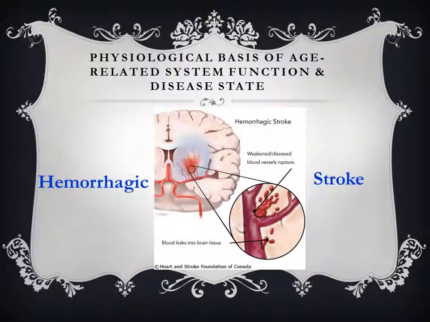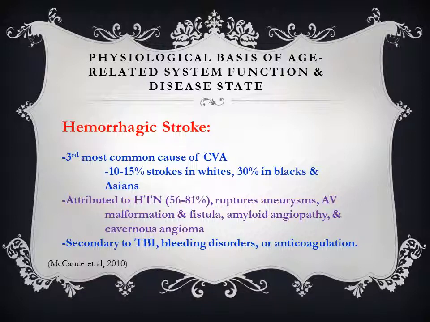Now let's talk about hemorrhagic strokes, otherwise known as intracranial hemorrhages. Hemorrhagic stroke is the third most common cause of CVA and accounts for 10 to 15% of strokes in white Americans and 30% of strokes in black and Asian Americans.